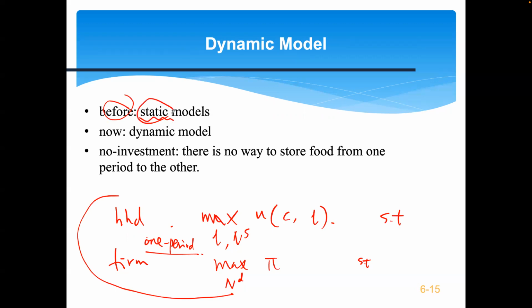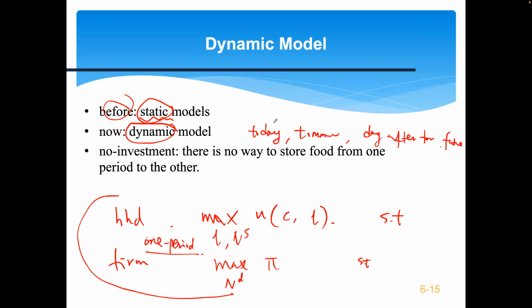Static means you just look at one period, the current period. Now we are going to develop a dynamic model, meaning we care about not only today, we also care about tomorrow, and the day after tomorrow, and the future.